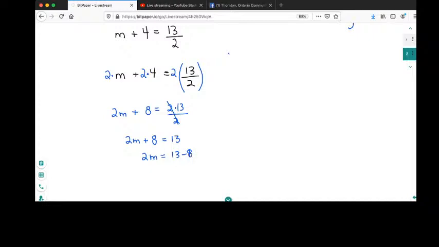Oops, that's an 8. And what we're left with is 2m equals 5. And then we just divide the 2 off of m, cancel those out, and our final answer is m equals 5 over 2.